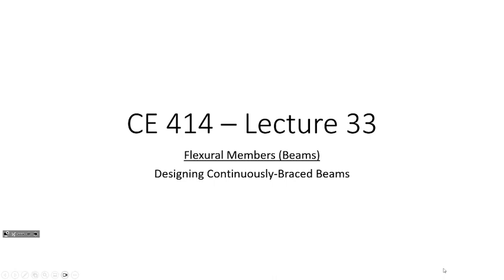If you ever look at an actual framing plan, let's say here's column, column, column, column, and then we have element, element, element, element. If we're looking at this element, it'll say something like W24x76.